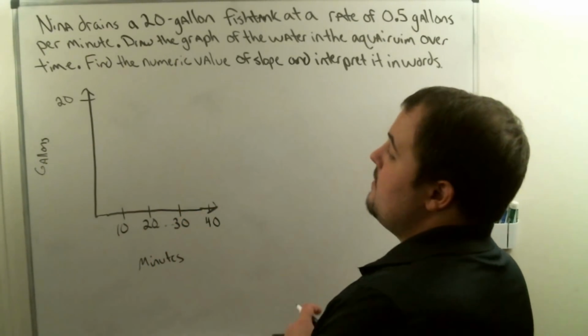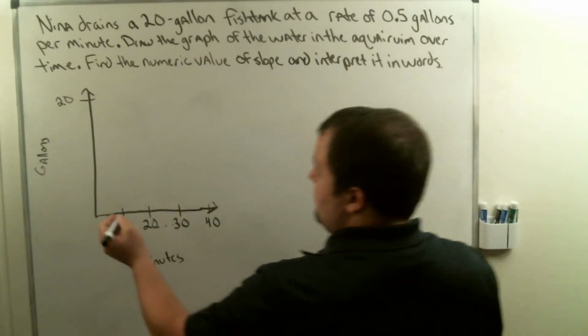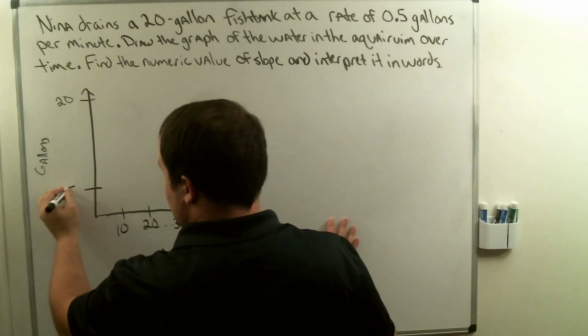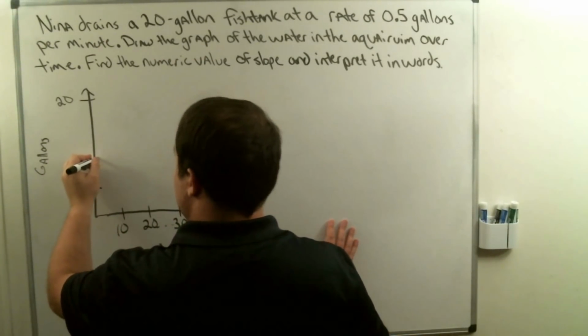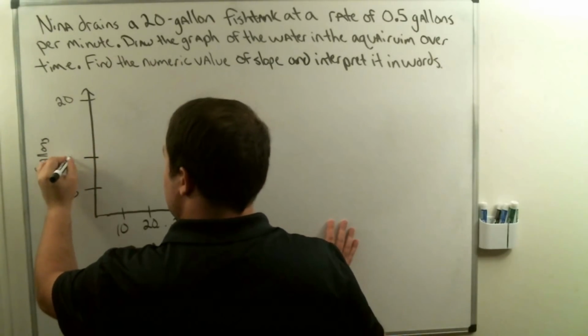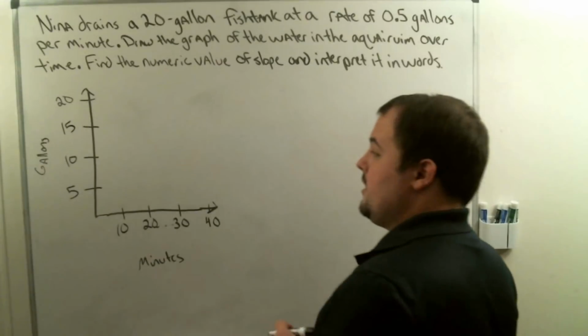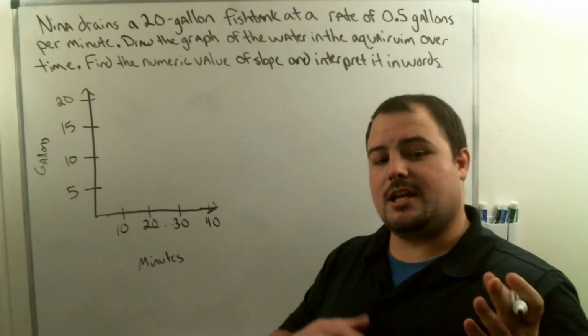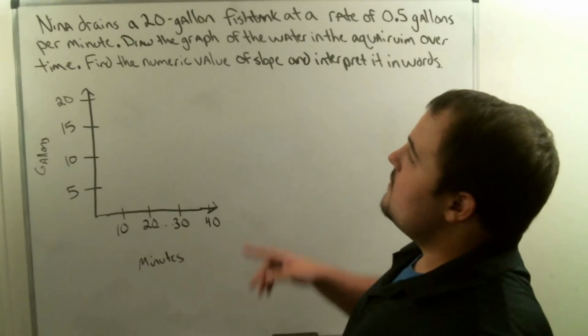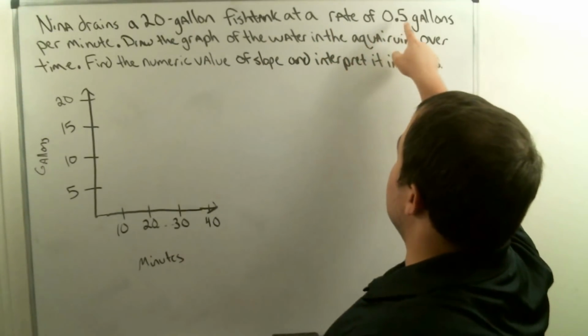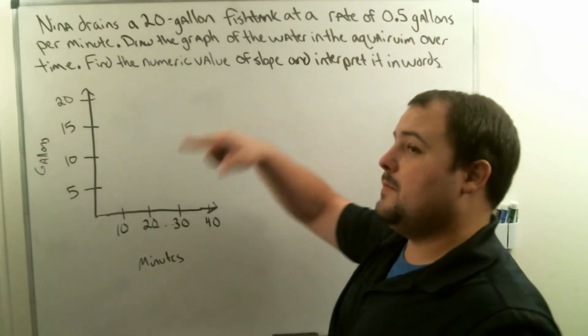Alright, and for this I'm going to count by fives. So 5 gallons, 10 gallons, 15 gallons, and 20 gallons. So we're going to graph the information of how much water is in the tank in so many minutes. So I know that it drops at a rate of half a gallon per minute.